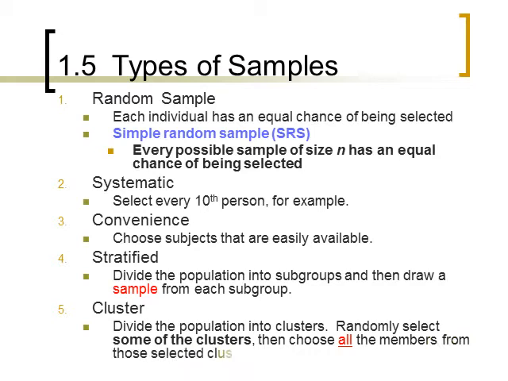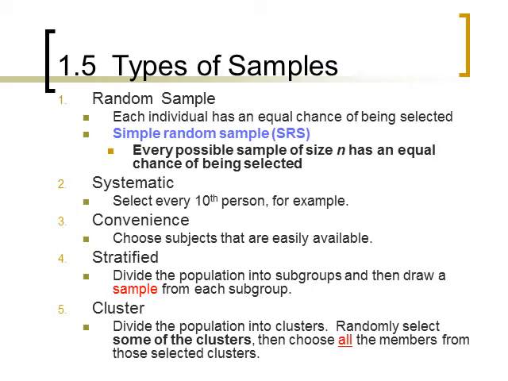We're grouping and then taking a sample from each group. Another type of grouping sample is a cluster. With a cluster, we divide the population into groups. We randomly select some of the groups, but then we actually sample all the members of those clusters or groups. So here's a comparison between stratified and cluster. With stratified, we can group them by zip code, and then maybe we take 10 people randomly from each zip code for our sample. So that's stratified. It's a sample from the group.